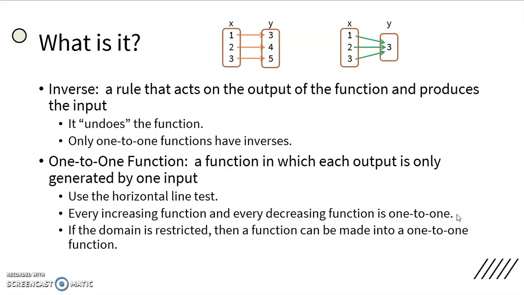So if we restrict the domain, then we can turn a function into a one-to-one function that normally would not be one-to-one. So let's take a look at some examples of graphs, and we'll see if we can determine if they're one-to-one.